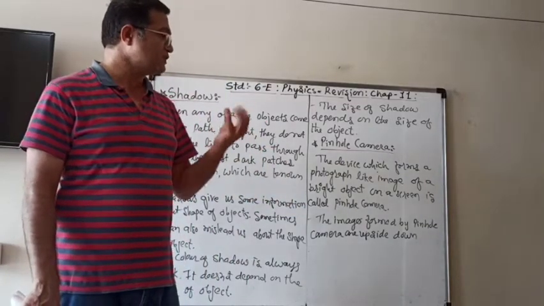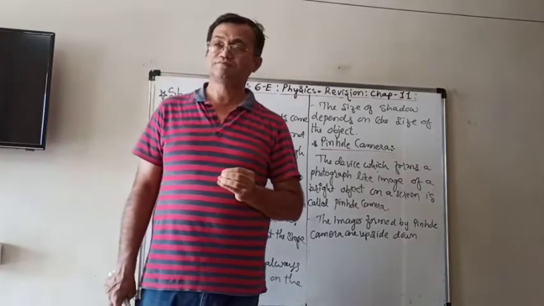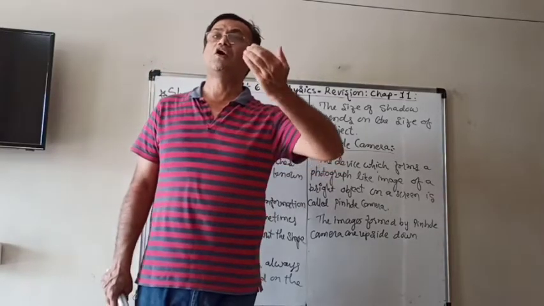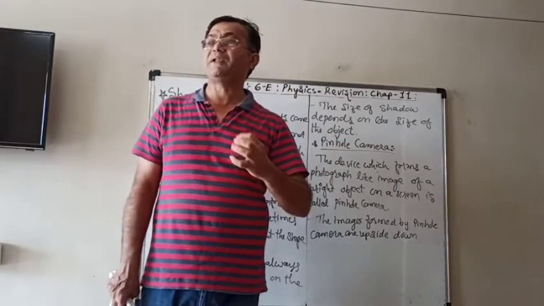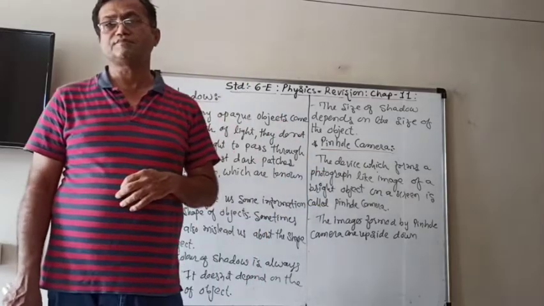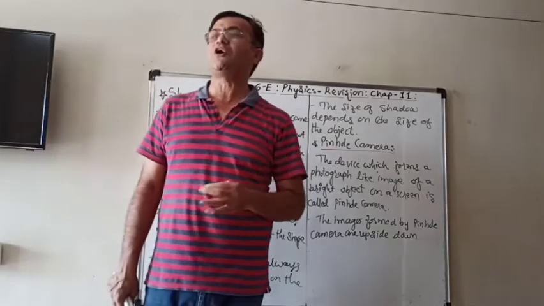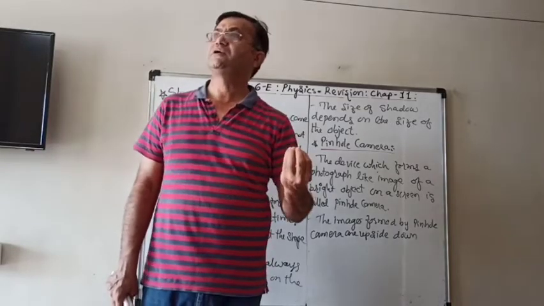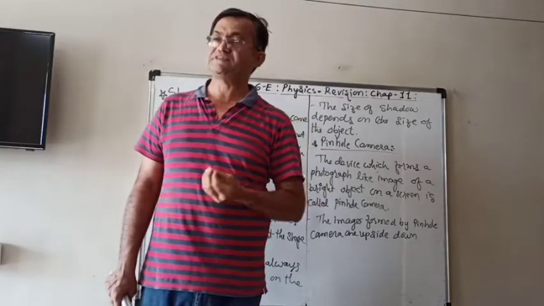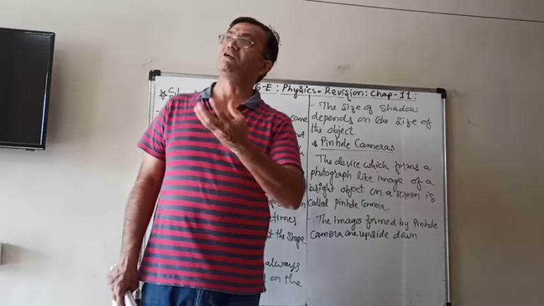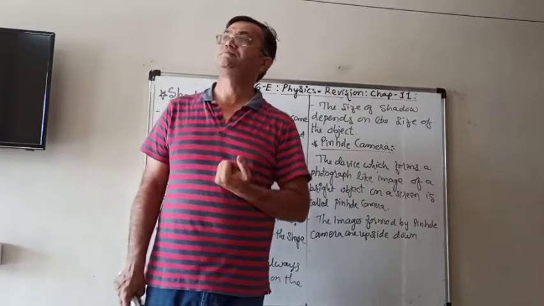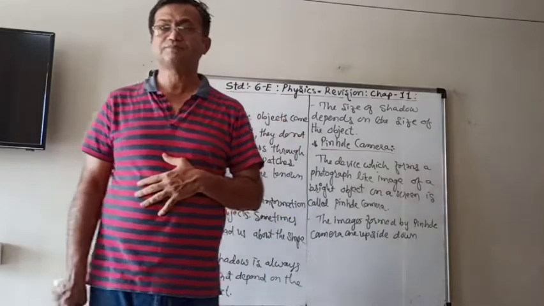It means it forms a photograph-like image of a lighted object on the screen, and you can easily make this pinhole camera using empty boxes, like the boxes of the shoes that you buy and something like that.